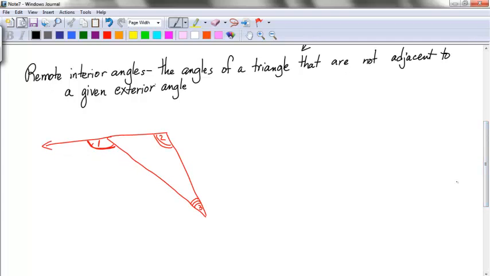If you look at that, this brings in another theorem. The measure of angle 1 equals the measure of angle 2, oops, I wrote that wrong, the measure of angle 2 plus the measure of angle 3.